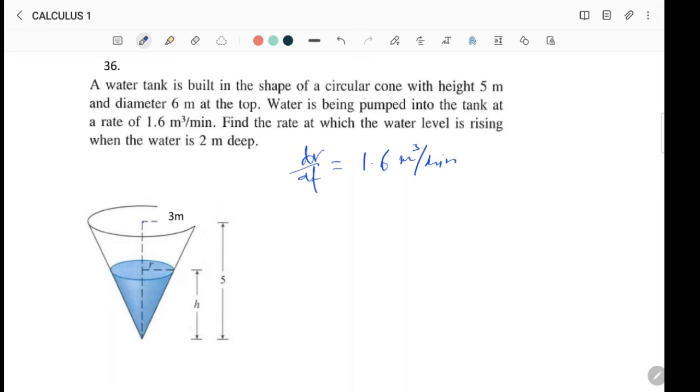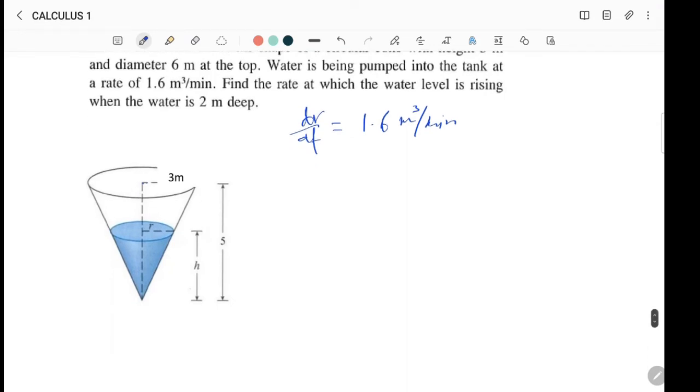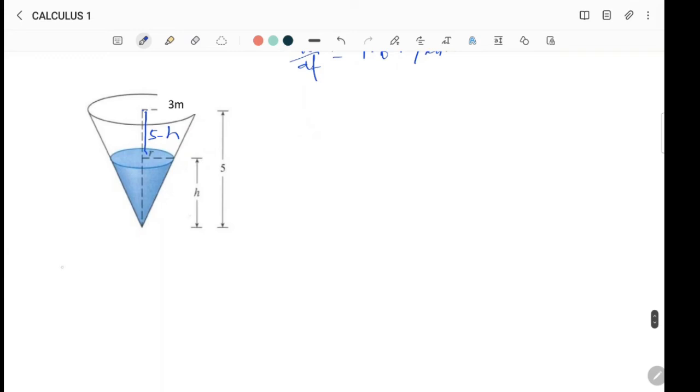Okay, so the best part is the diagram is already given to us. So here guys, this height is h, so this height will be 5 minus h. So again, similar triangles concept we have to apply. Okay, this is 3 and this part we don't know, so I'm considering x. So total height is 5 and this height is h.